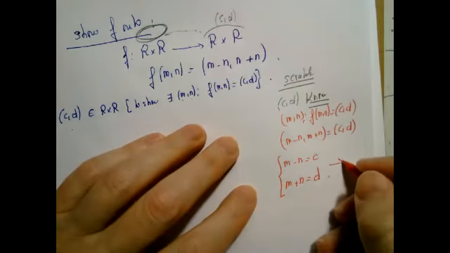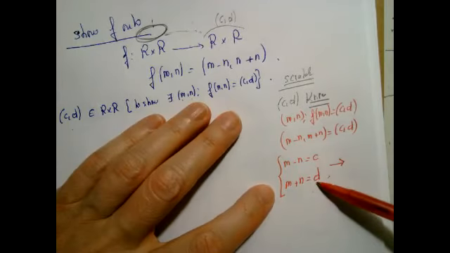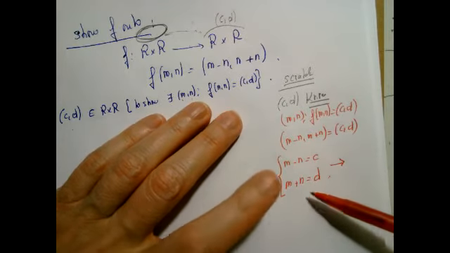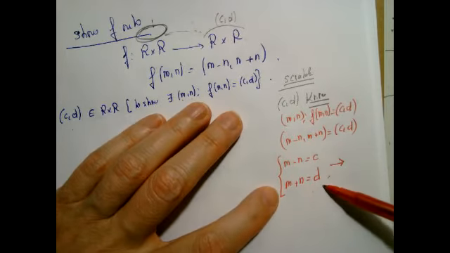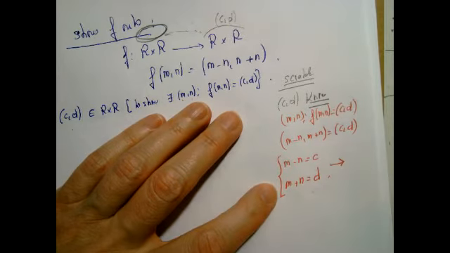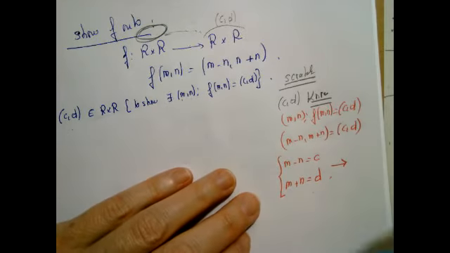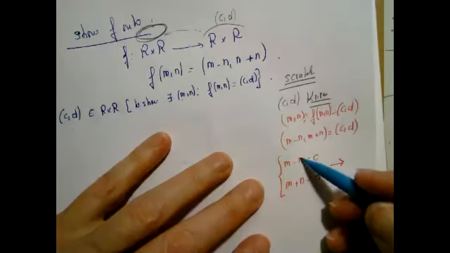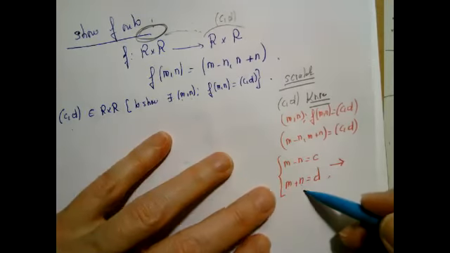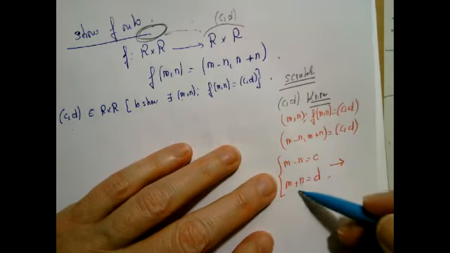Now I need m and n in terms of C and D. Of course, C and D are the known, m and n are the unknown, and I have to solve them in terms of C and D. You can use anything you want, you can even use linear algebra at this stage, but not necessarily. I have a system of two equations.